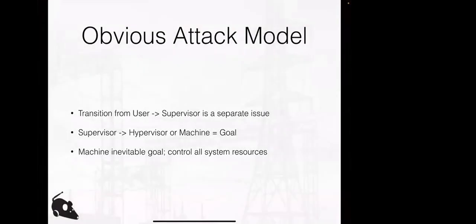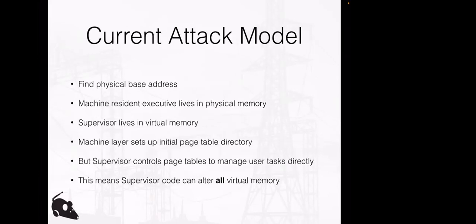Cool. So to dive back to the attack model, in an embedded model, our goal is always machine layer. In a normal server model or a desktop model, if you are thinking about it from that Windows perspective, you're going to be focusing more on either the app architecture or the kernel.